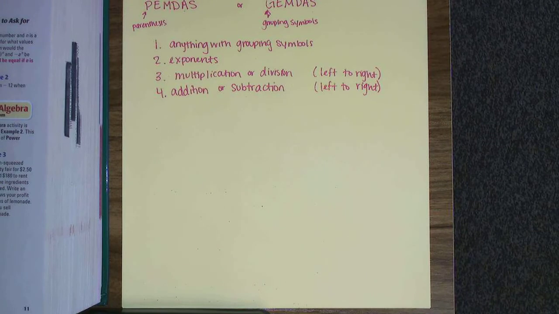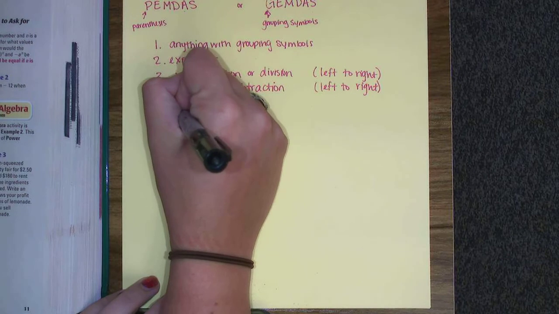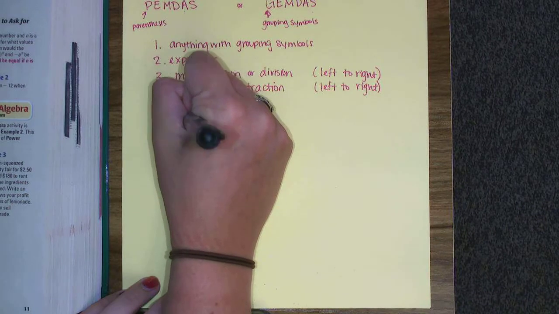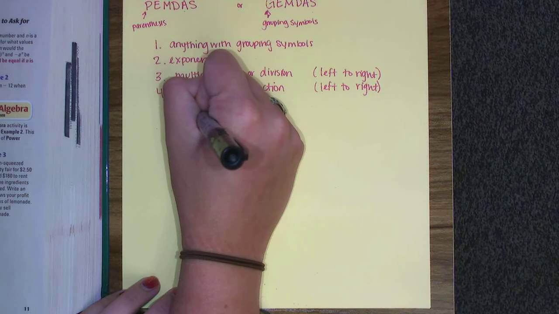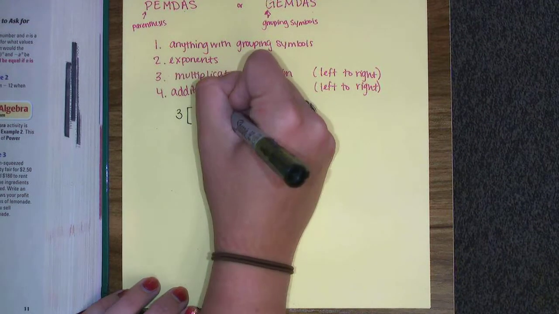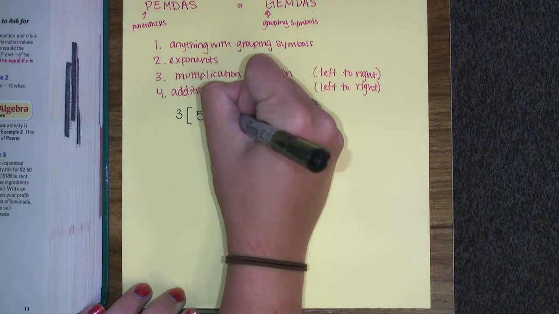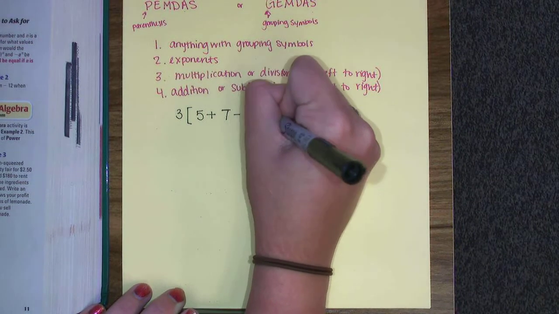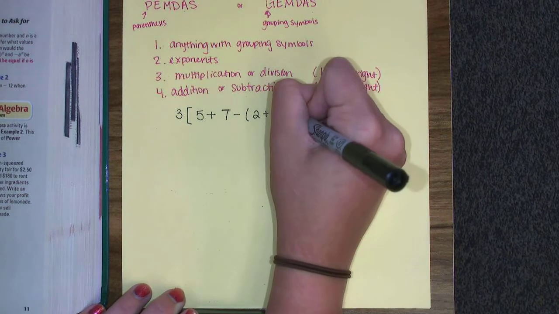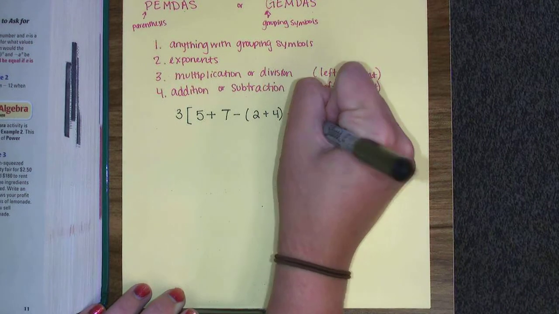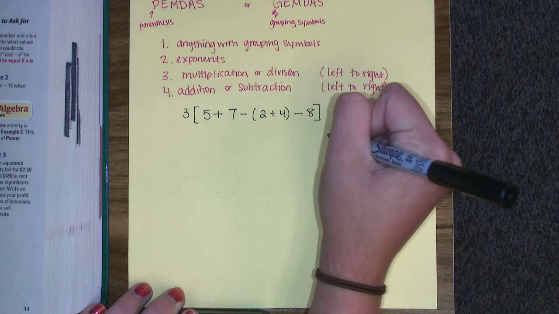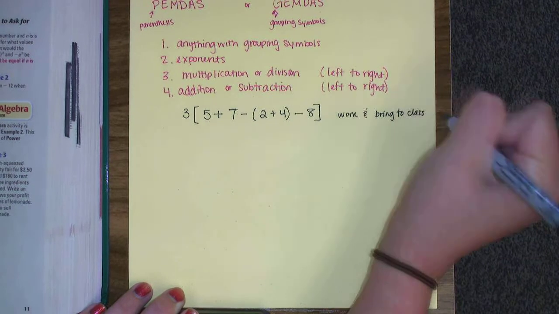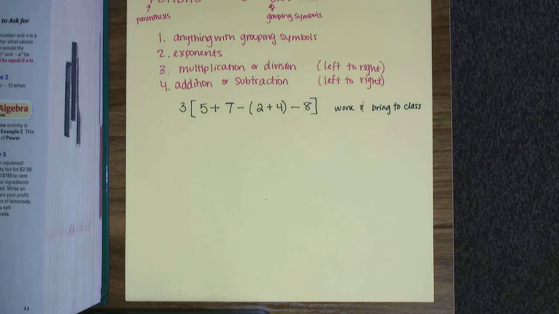Given a problem like 3 bracket 5 plus 7 minus, in parentheses, 2 plus 4, close parentheses, minus 8, I would like you guys to work this one and bring it to class for us to go over to make sure we understand how that works.